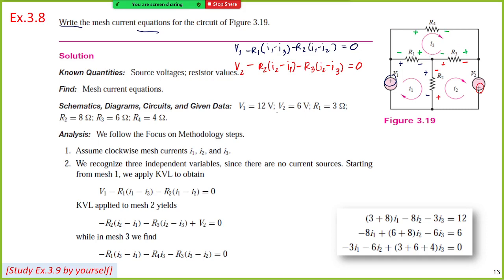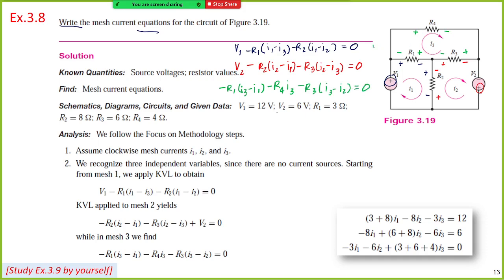So in this case, with this, this will be minus R1 into I3 minus I1, and minus R4 with I3, and minus R3 into I3 minus I2, right?